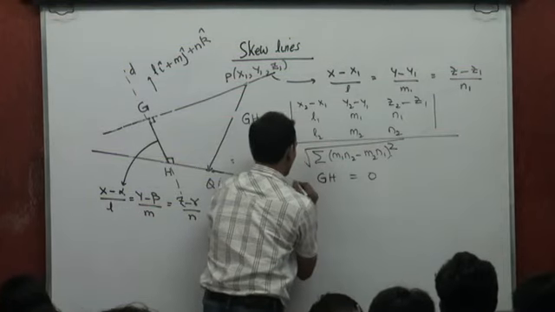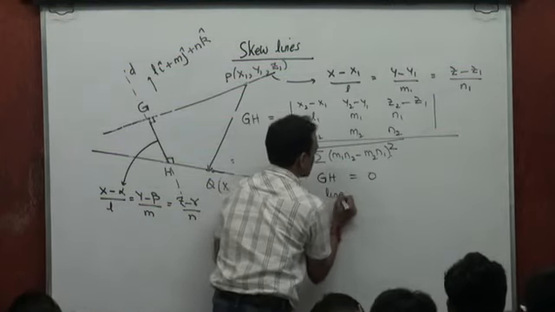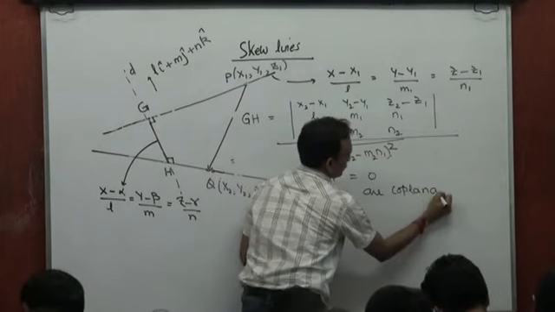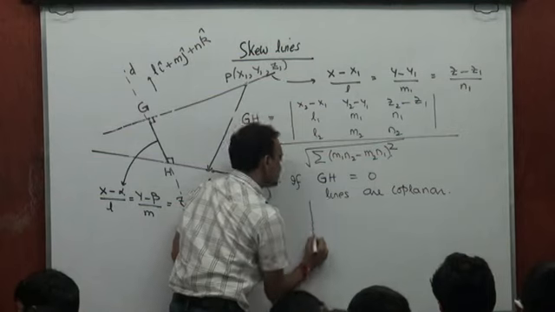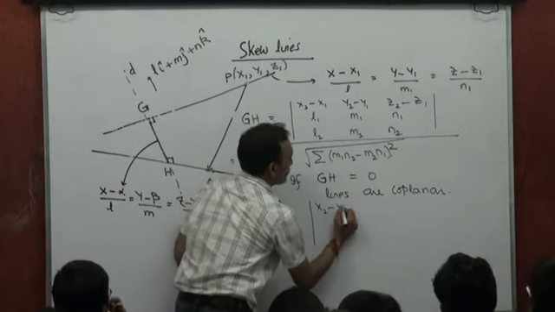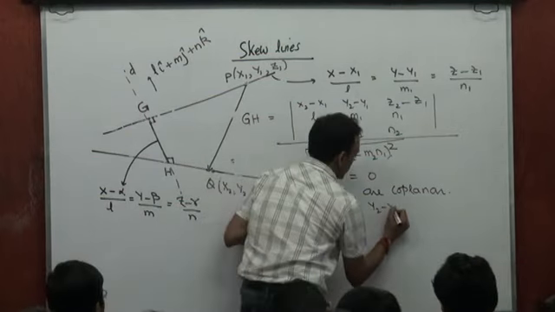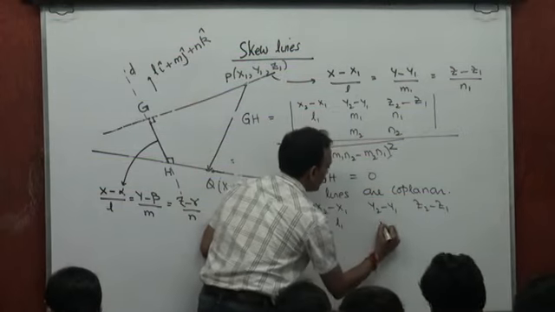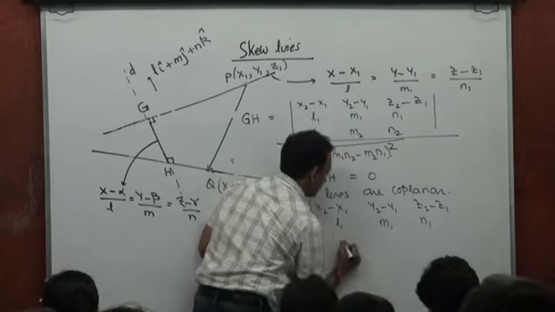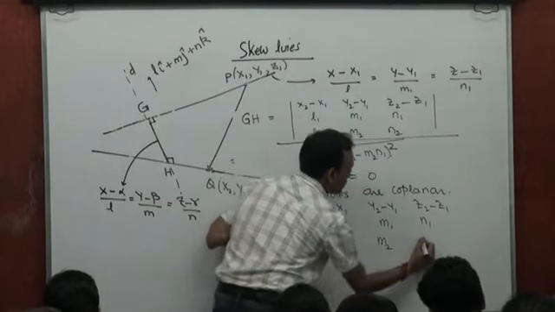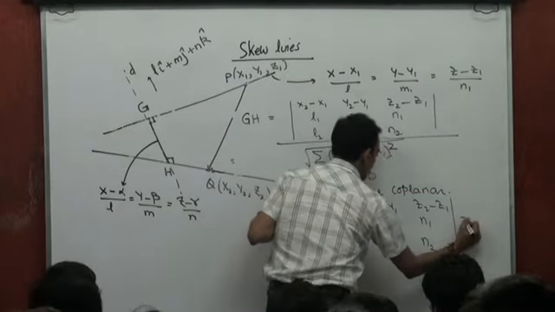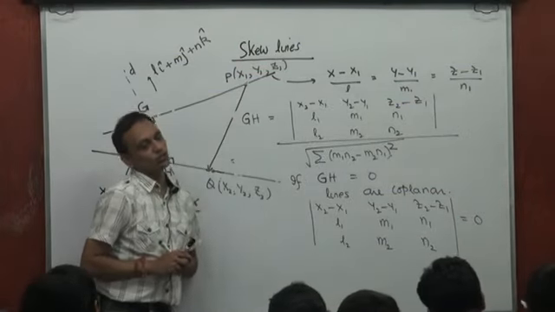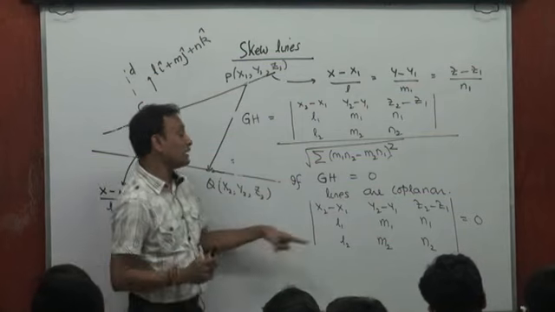If GH is 0, lines are coplanar. In fact, this then, which means if the determinant x2 minus x1, y2 minus y1, z2 minus z1, L1 m1 n1, L2 m2 n2 is 0, then the two lines will be coplanar.